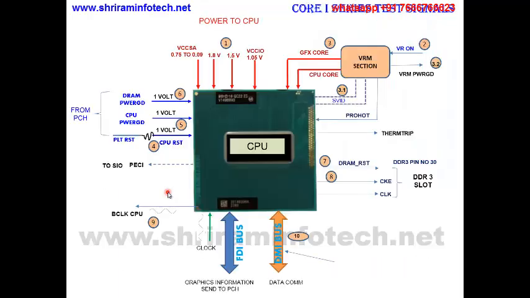So these are the generations. Now for this Core i3 series, we will see what test pins and things we require. First you need the power, that is 1.5, 1.8, 1.05, 0.75. This is the power you need. And lastly you need the two core voltages, that is the CPU core, and another is the graphics core, because the graphics is inside the processor.